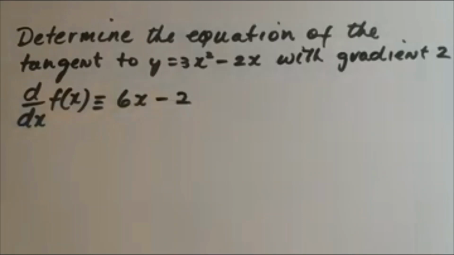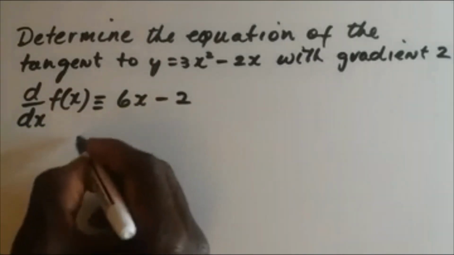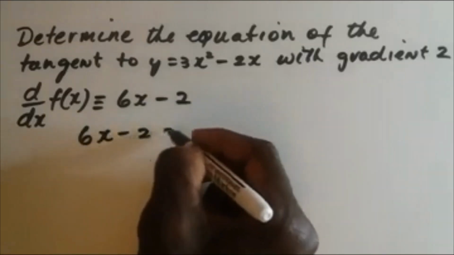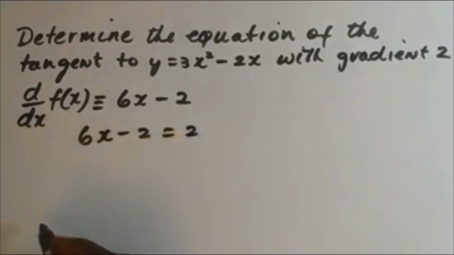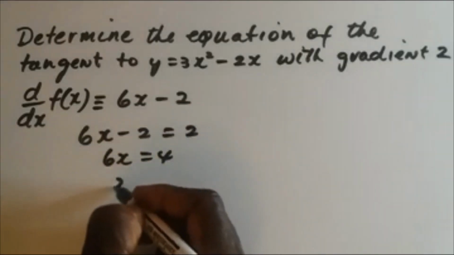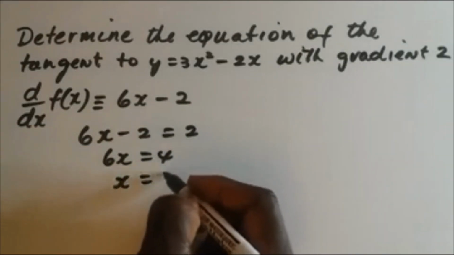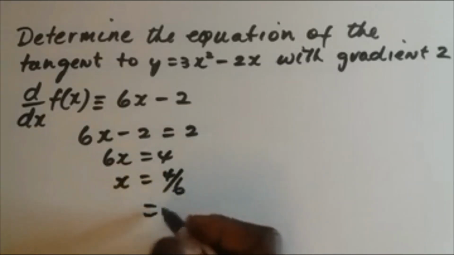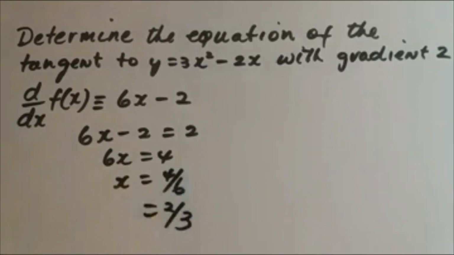And we're told also that the gradient is 2, so we can equate 6x minus 2 to the value 2, which gives us 6x is equal to 4, so x is 4 over 6, which is 2 over 3.